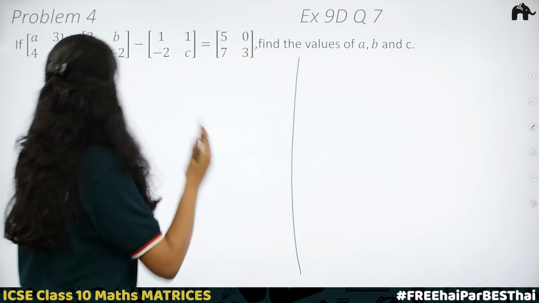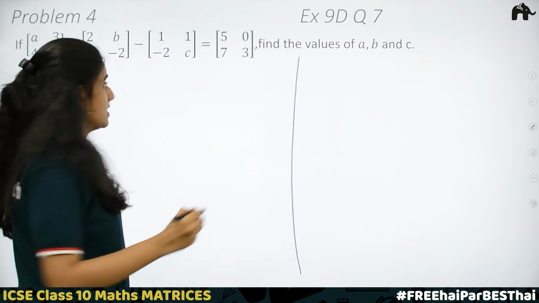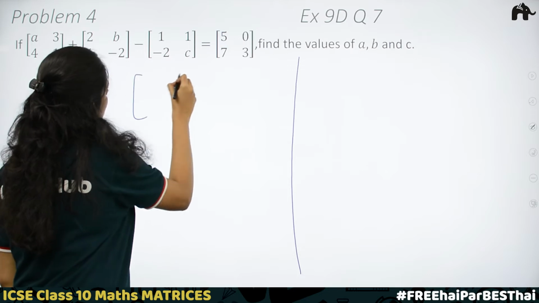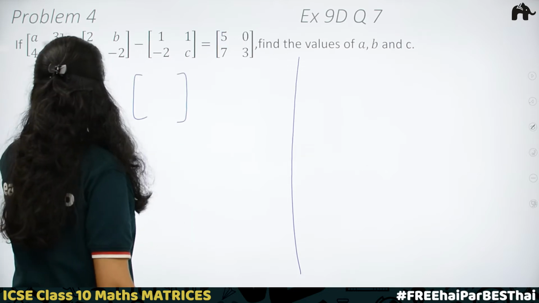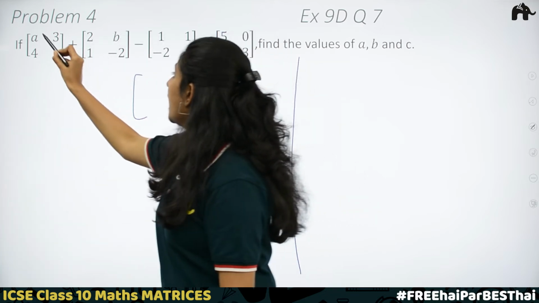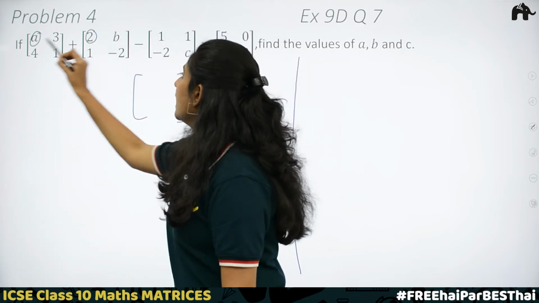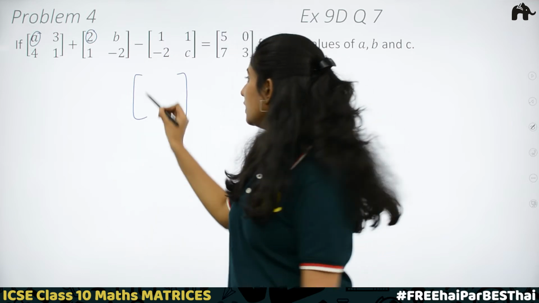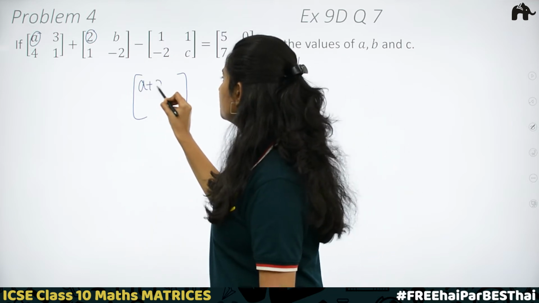We can find the values of A, B and C. Okay. First, let us add these two matrices. We will be getting a matrix. First elements. Here it is A and here it is 2. A plus 2. Okay. A plus 2.